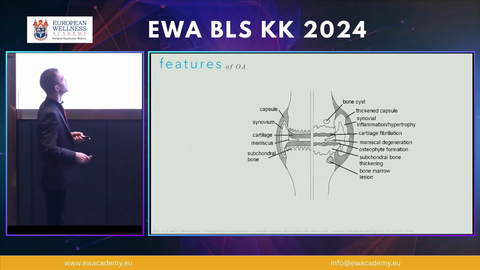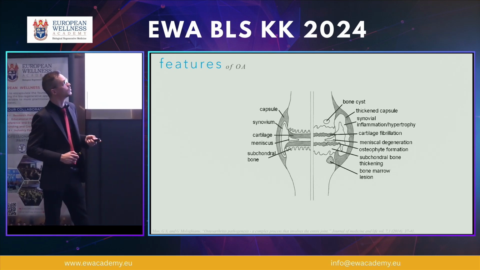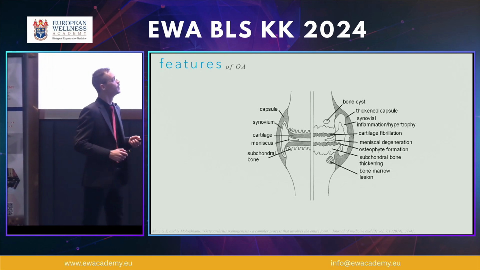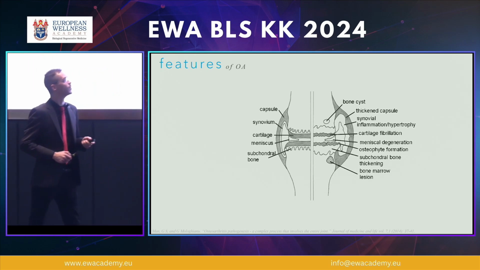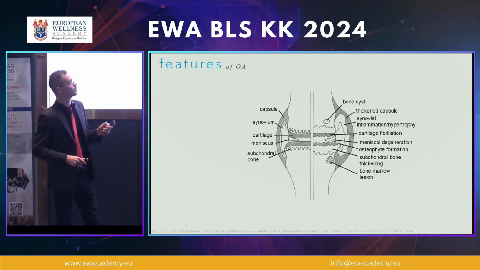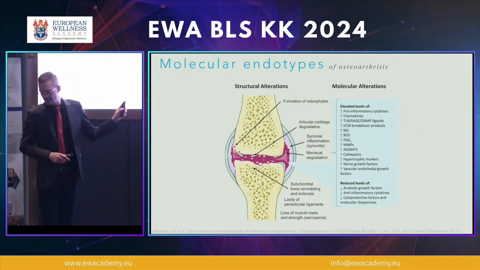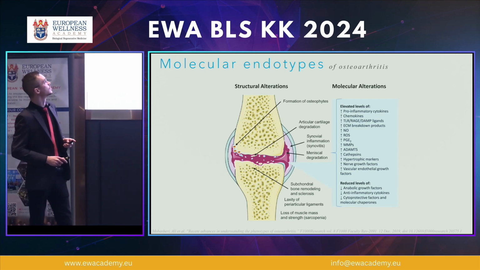These are the signs of osteoarthritis, so bone cysts, thickening of the capsule, cartilage fibrillation, meniscal degeneration, osteophyte formation, subchondral bone thickening, bone marrow lesions.